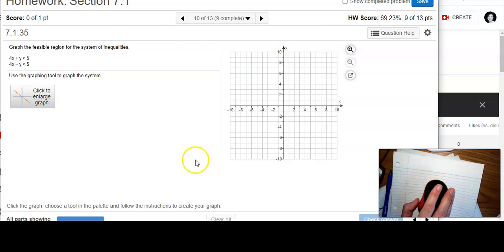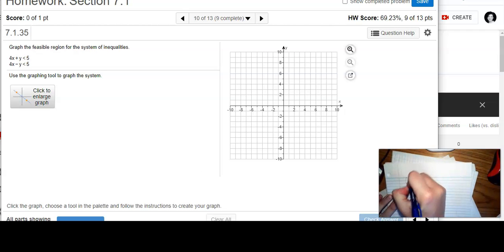All right, let's do another one. These could be intercepts, but they're nasty, so I'm going to rewrite. I've got y is less than negative 4x plus 5.